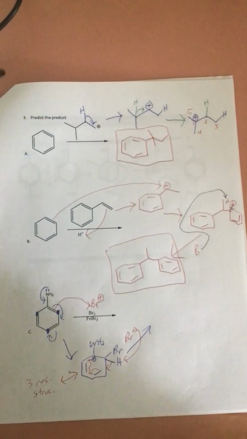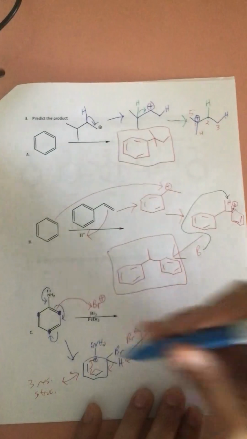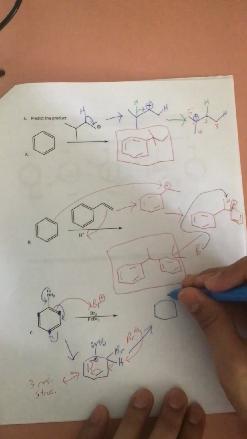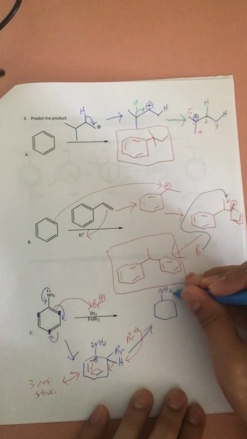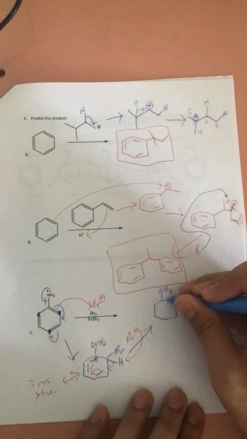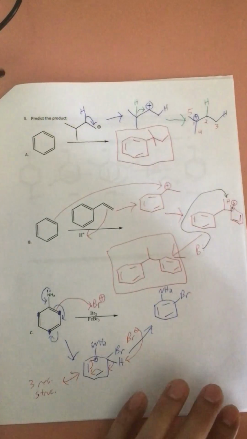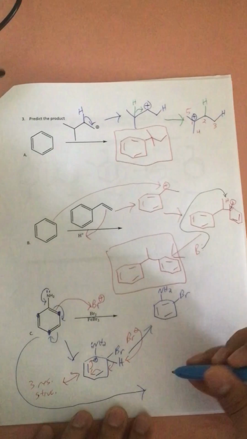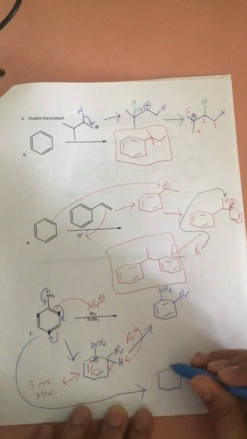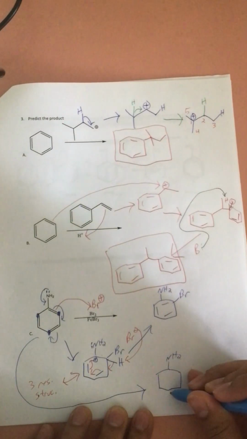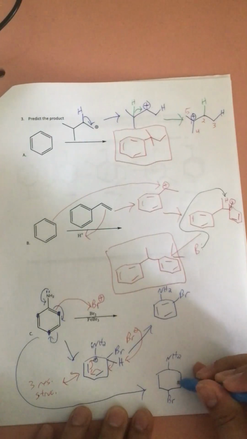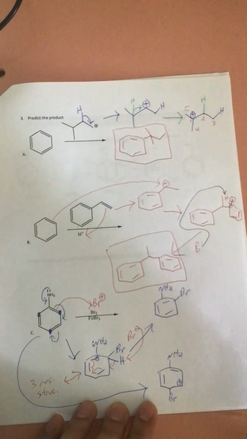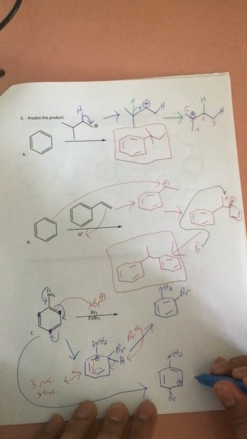You're just doing a cascade of arrows. You could have just had this one come over there if you want. This makes the ortho product. If I want the para product, let's start with this. Again, you will have 3 resonance structures.